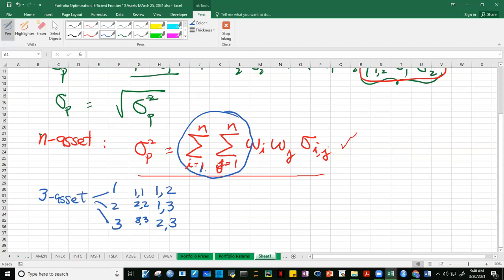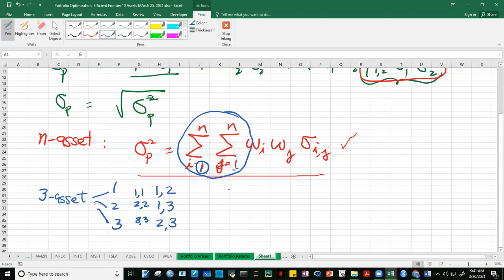First, we hold it at 1, no? 1 with 1, 1 with 2, 1 with 3. Okay? So let's do that. 1 with 1 first. What happens here? You replace i with 1, j with 1. Then sigma ij becomes sigma 1, 1. Right? Did you get that, Luisa?